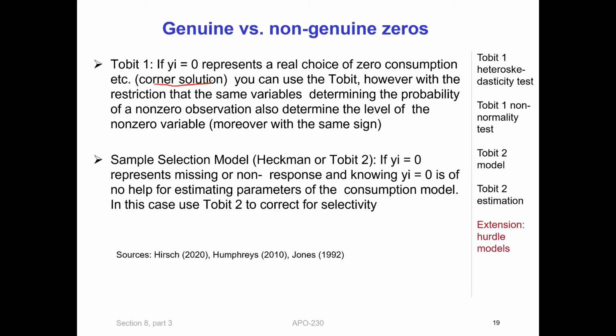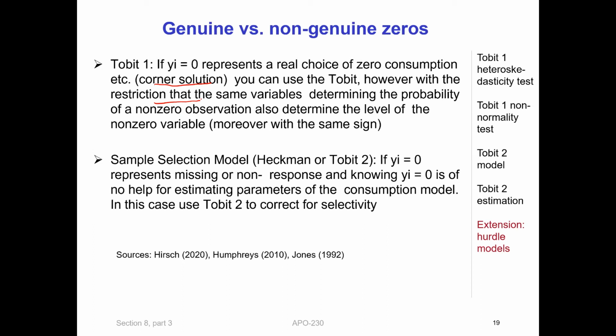However, remember that we have one restriction with the Tobit, that we have the same variables to determine both the probability of participation and the intensity. And this is one limitation for Tobit 1, which we will see can be overcome by other types of model in the slide after.